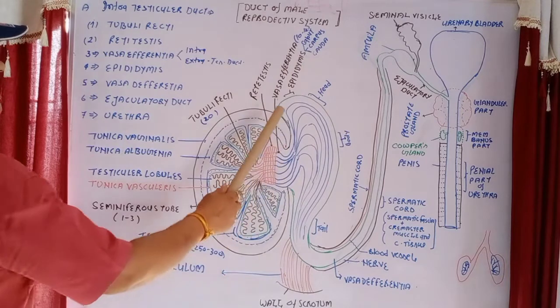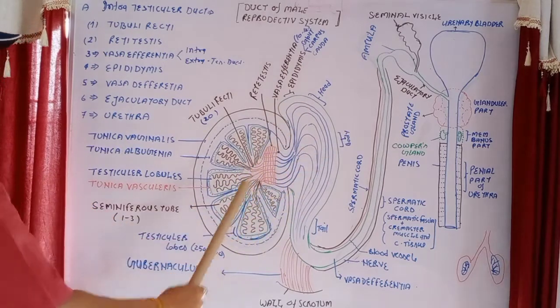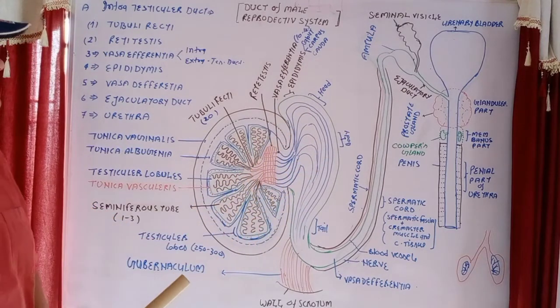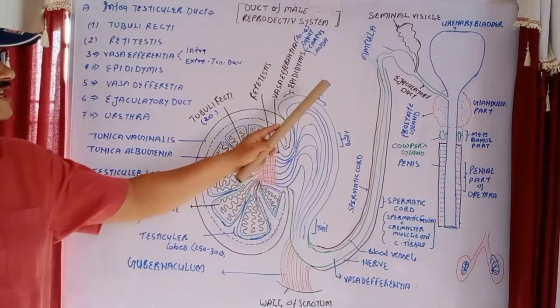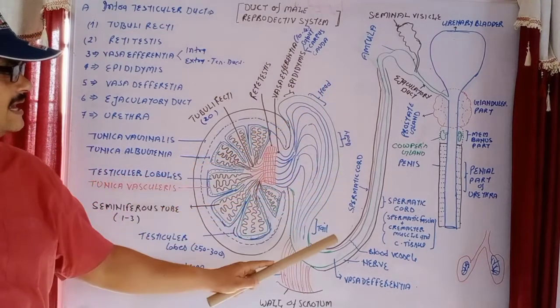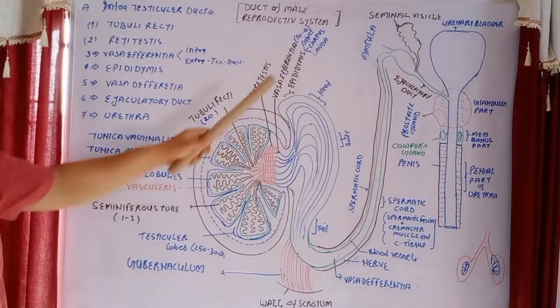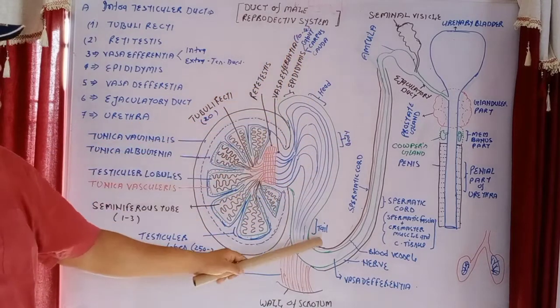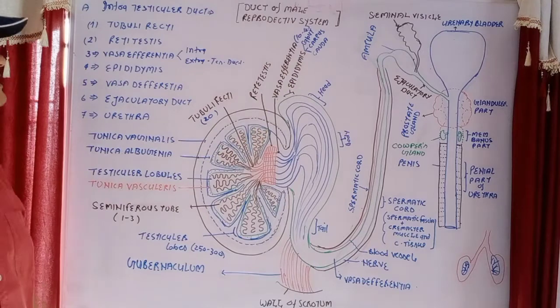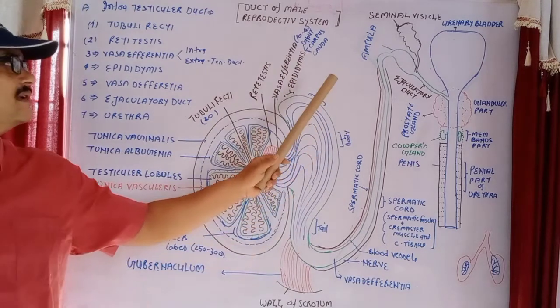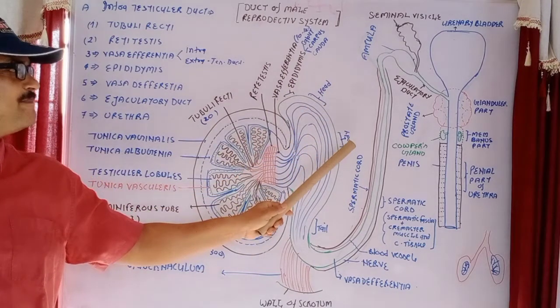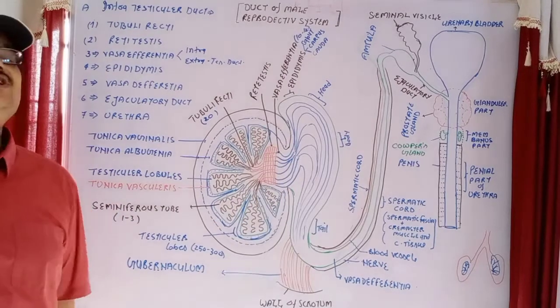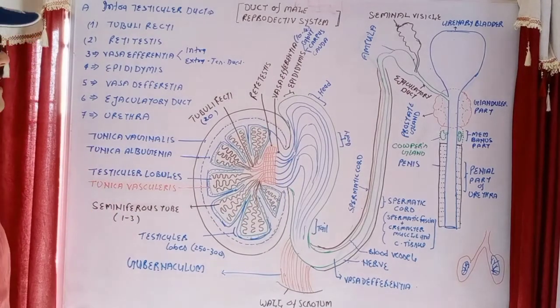It is a very long coiled tubular structure, and the epididymis has 3 regions: head, body and tail. Head is known as caput, body is known as corpus, and tail is known as cauda.